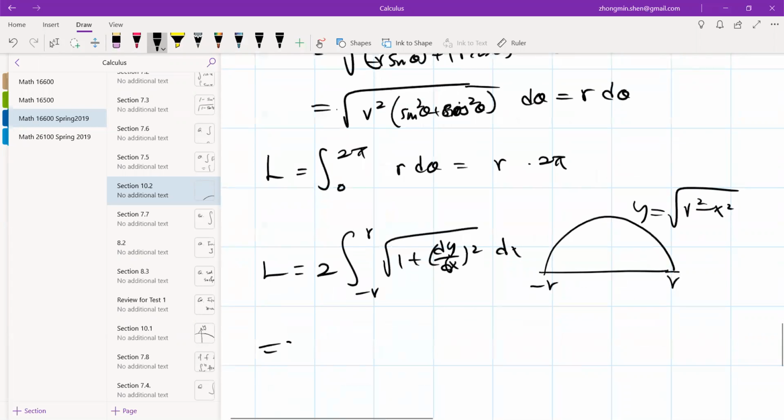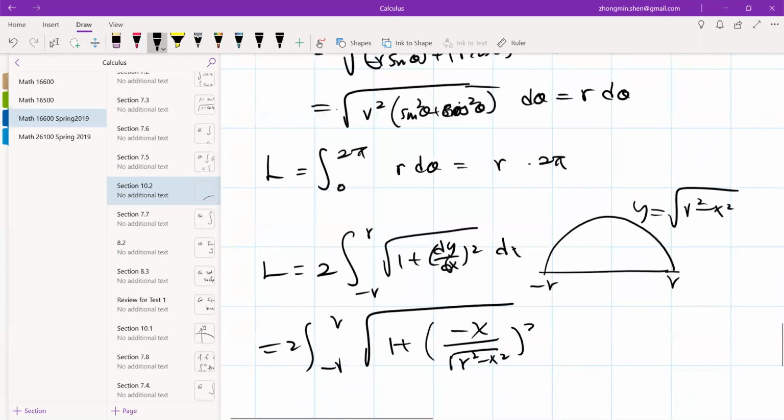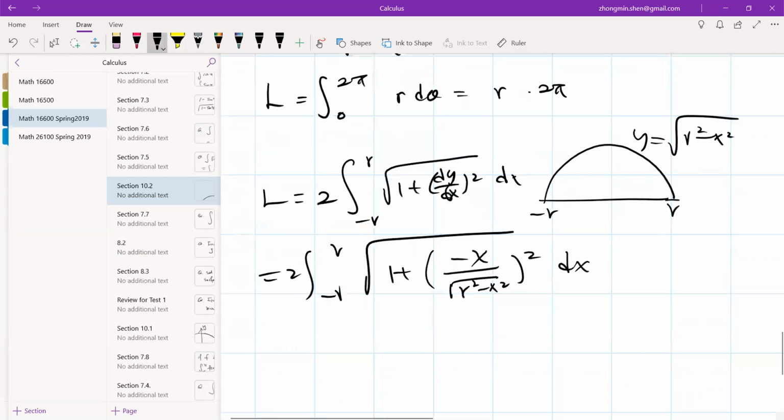You see that it still works, but it's complicated. When you differentiate that, I can quickly give you the answer, but maybe you have to do the computation. So the derivative of the square root of r squared minus x squared will be something like that.